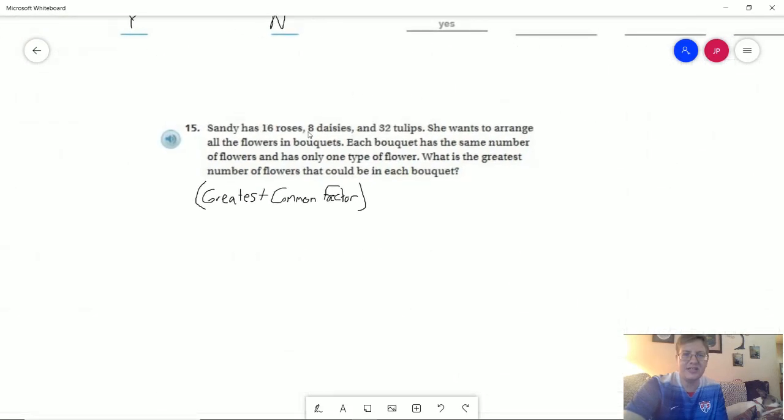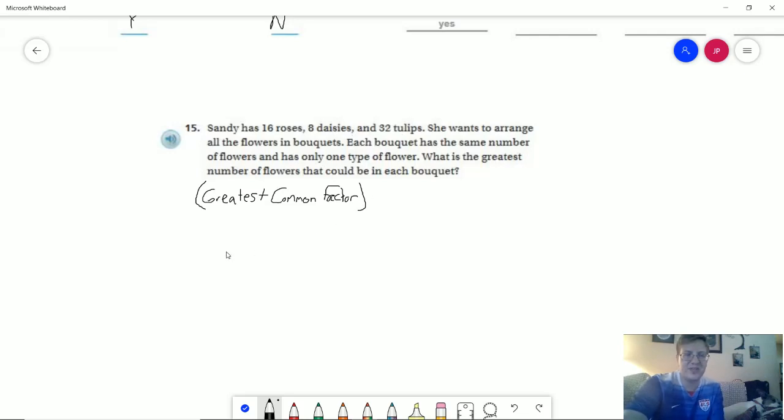And so let's go ahead and look at a problem where we're going to have to use this information. We are going to be looking for the greatest common factor, and there are going to be several problems where they ask you to go ahead and make a list of all the numbers that we can multiply to get to 8 and to 16 and to 32.